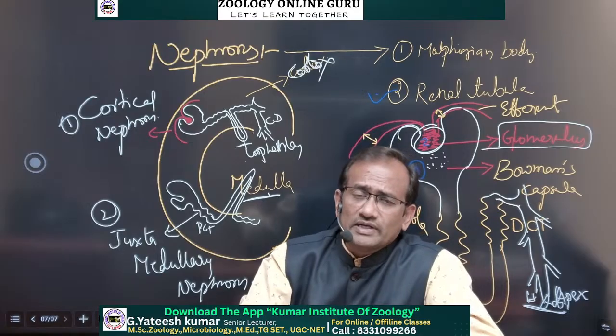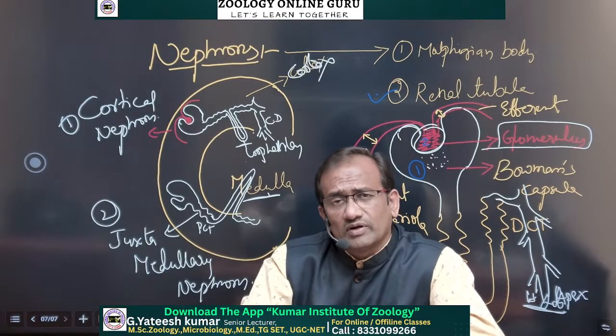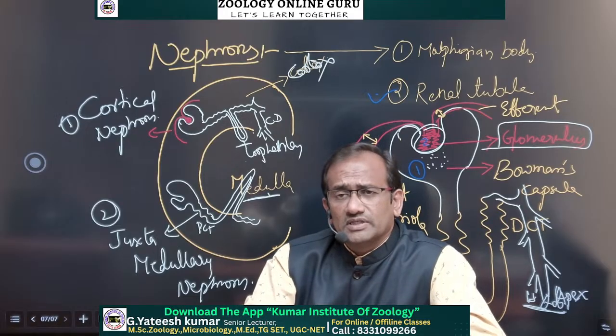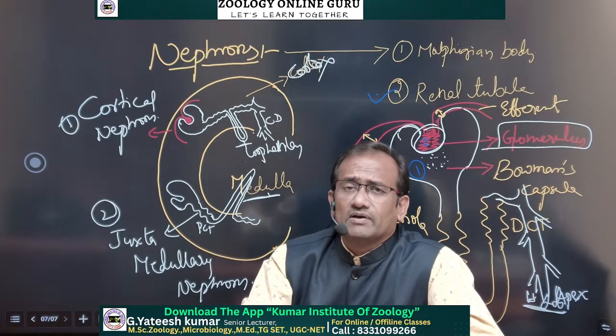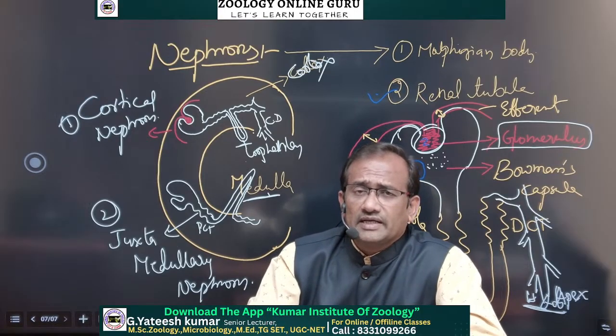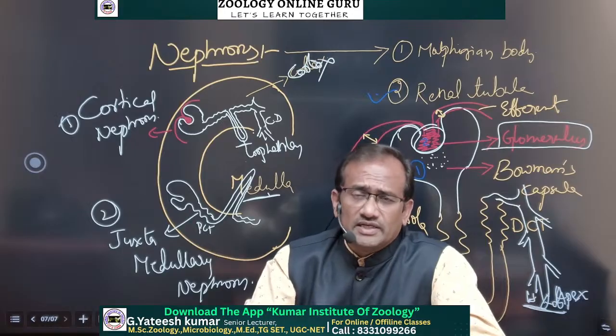In the arterioles, one is the afferent arteriole and the second is the efferent arteriole. And in tomorrow's session we will discuss the formation of urine. So this is the structure of the kidneys and the internal structure of the kidney.